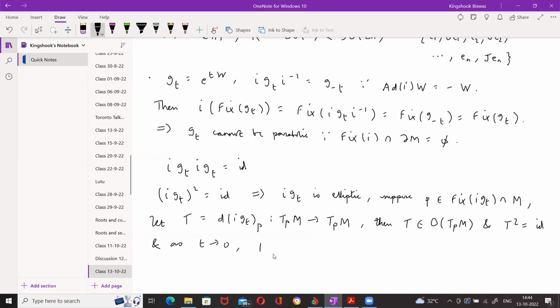So capital T has to tend to minus identity, because GT tends to identity, and the derivative of I at the fixed point will become minus identity, right? Yes, sir.